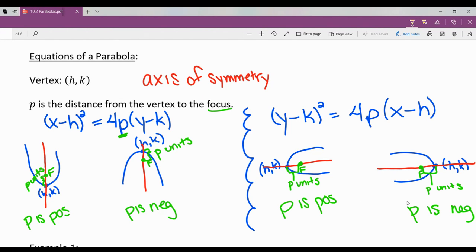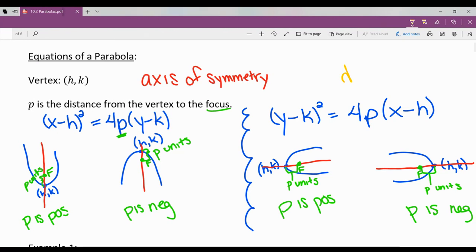The directrix is going to be the line where all points are equidistant from the focus and from the directrix, from the focus to your parabola and from the parabola to the directrix. Basically, your directrix is going to create a perpendicular line that is p units away from your vertex.